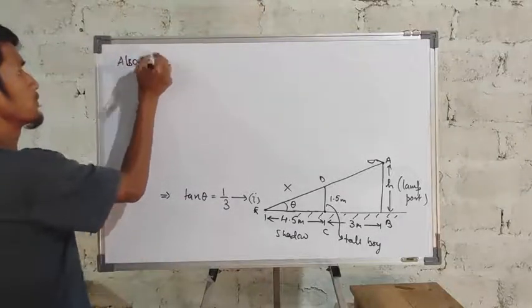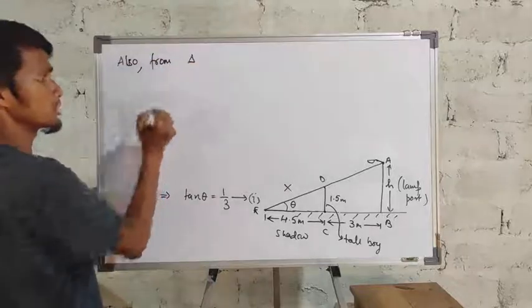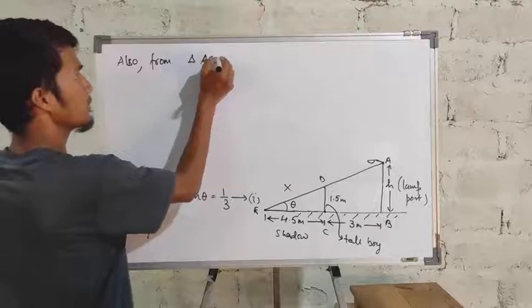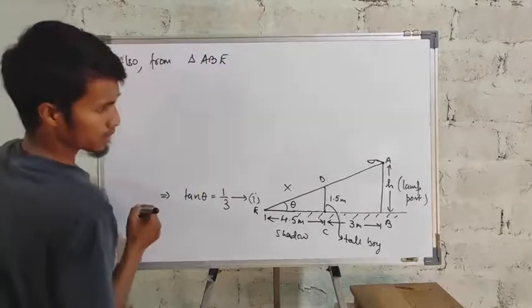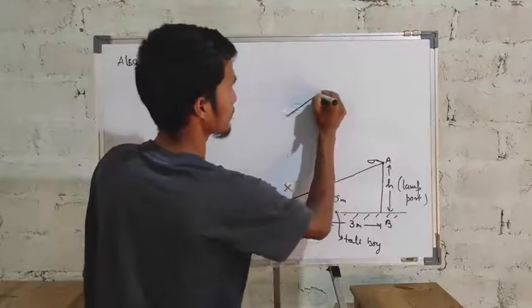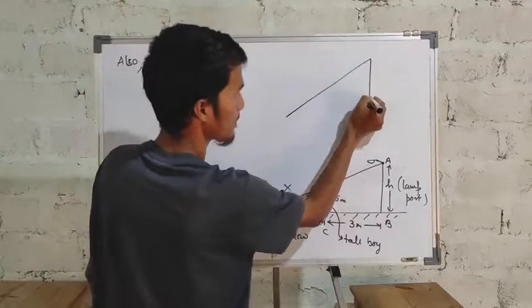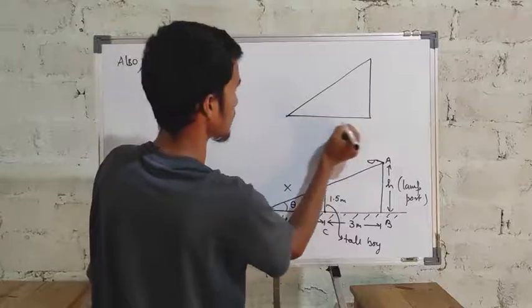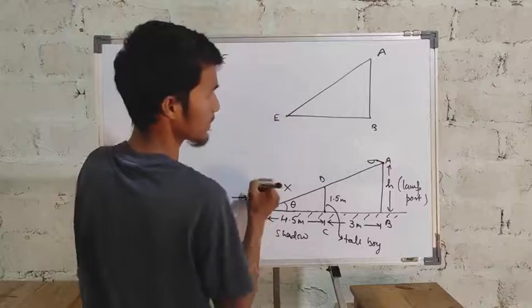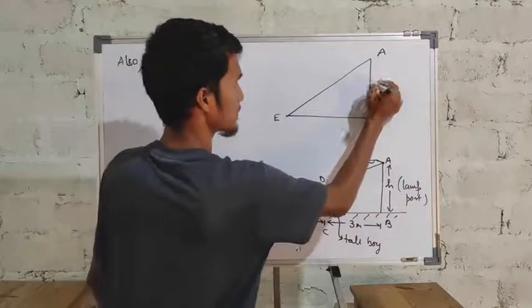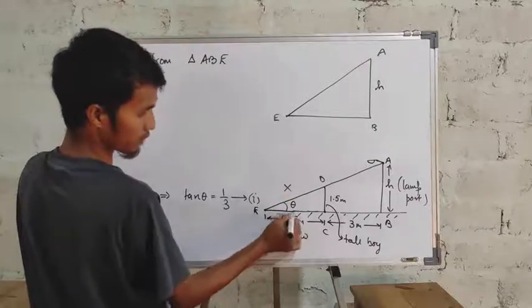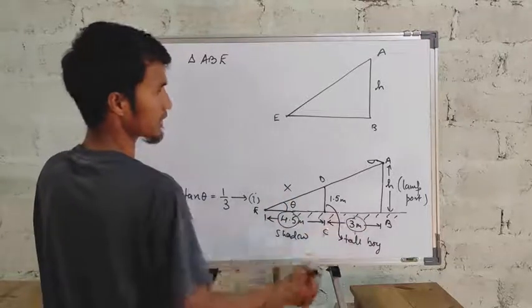Also, from triangle ABE. Okay, I'll draw it here. From triangle ABE, AB is equal to H. Then BE is equal to how much? 4.5 plus 3.